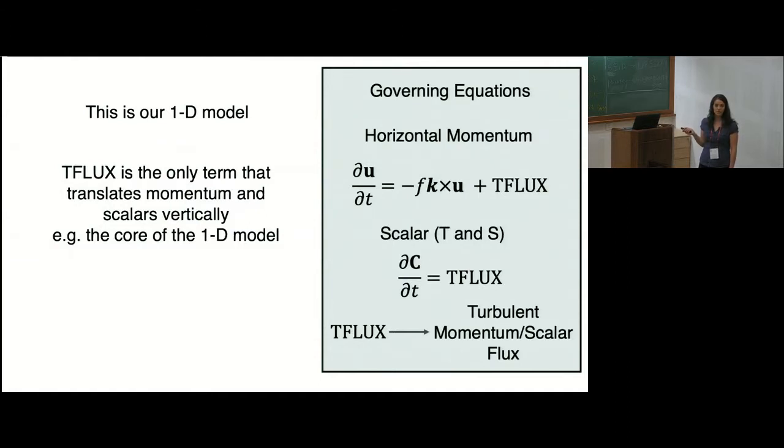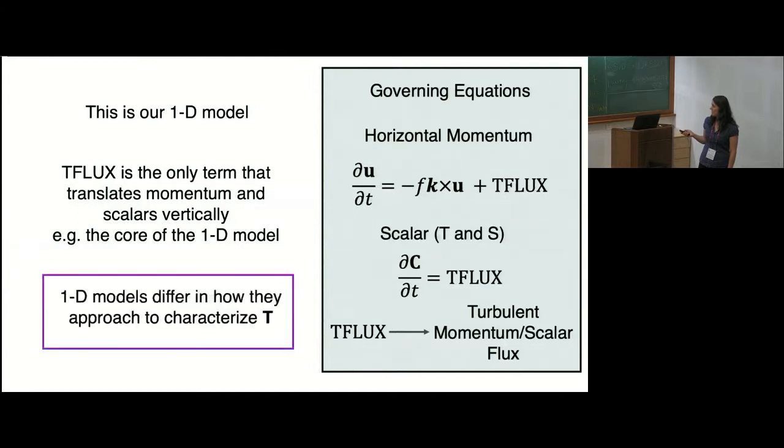It's also the most difficult part to manage, and in my mind, each 1D model approaches this term differently, and that's going to be essential in the characteristics of these different models.